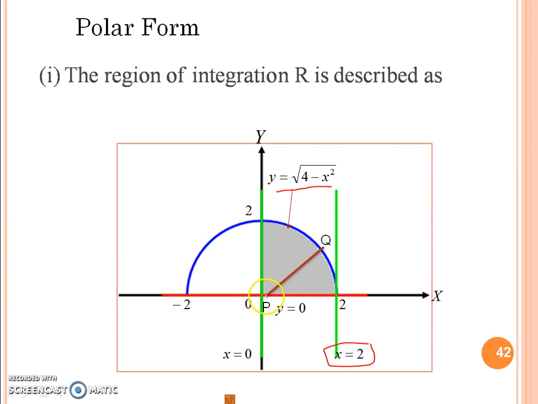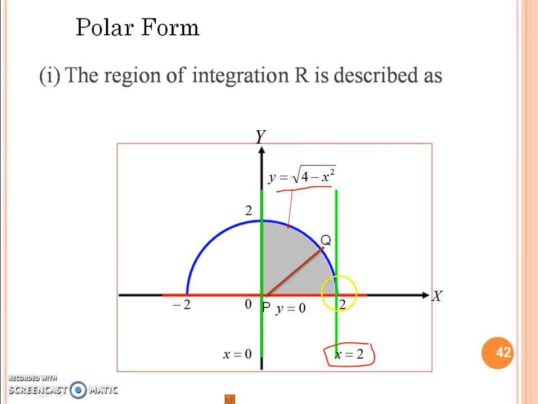If we want to solve an integral in polar form, we take the PQ strip passing through the origin, and if we rotate this strip, our region starts from the x-axis up to the y-axis. It means the strip starts from theta equals 0 to pi by 2.